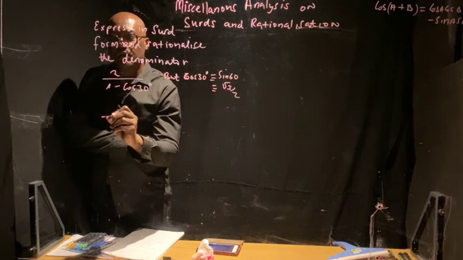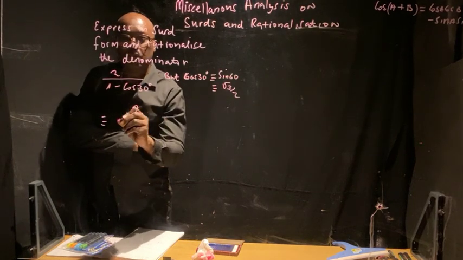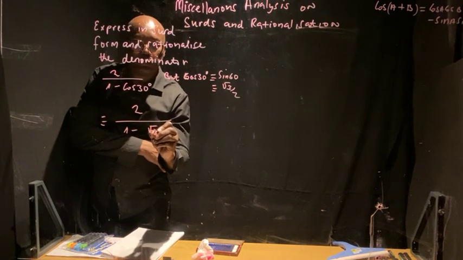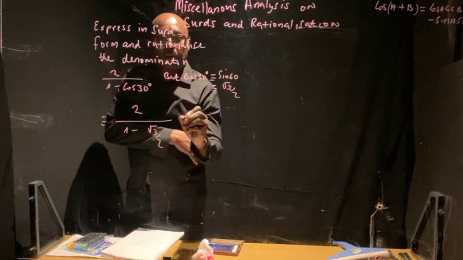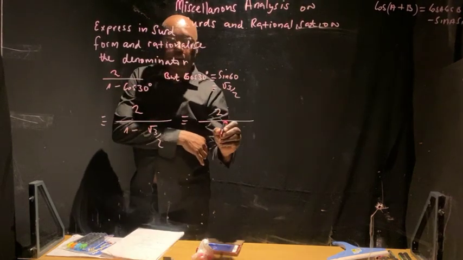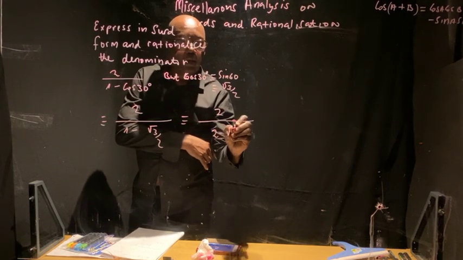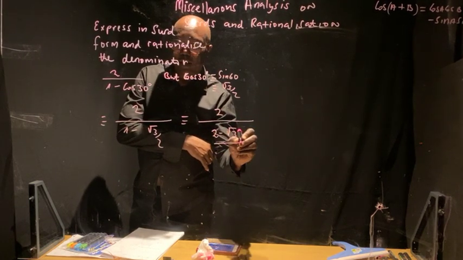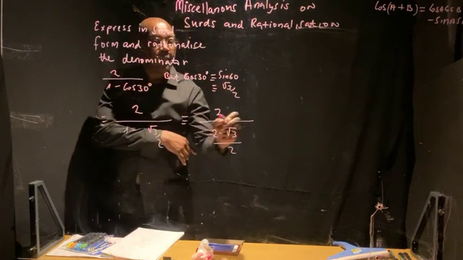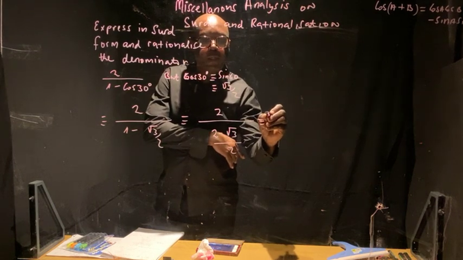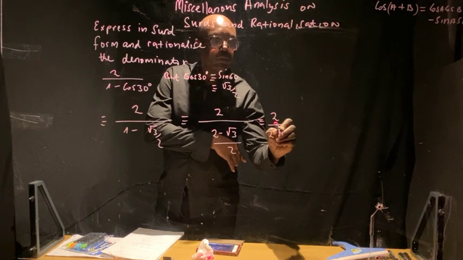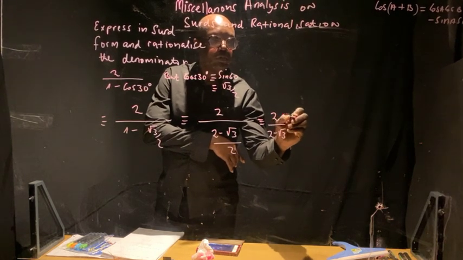If you know that, then this one becomes 2 over 1 minus cos 30, which is root 3 over 2. Then you cross multiply, so it becomes 2 over 2 minus root 3, then over 2, which is also no different from 2 over 2 minus root 3 multiplied to 2.